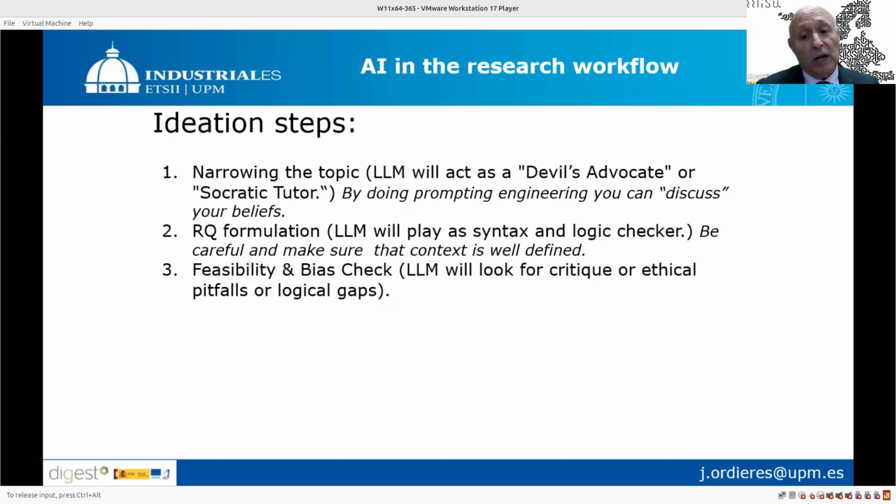And then, for sure, you can use it as a feasibility checker or a bias checker, trying to discuss either ethical pitfalls or limitations or concerns about the sampling process or the independence of the data.